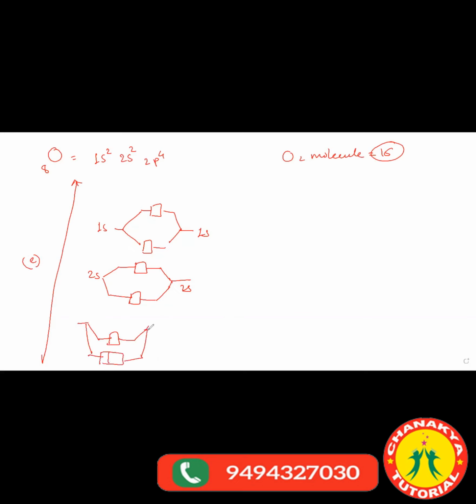Only this sequence has been reversed. Rest all things would be the same. These are also 2p. Here first pi and then the sigma 2pz.